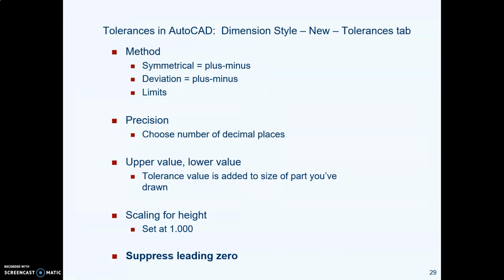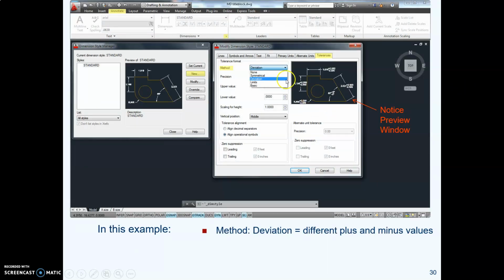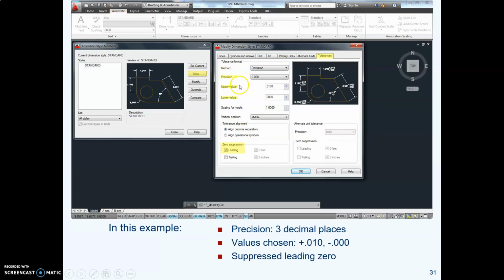Here are some words for you in case you just need to come back and remind yourself. You'll need to set a new dimension style, and then you'll go to the Tolerances tab and select the method. Deviation means plus minus. You'll set the precision, 3 decimal places.